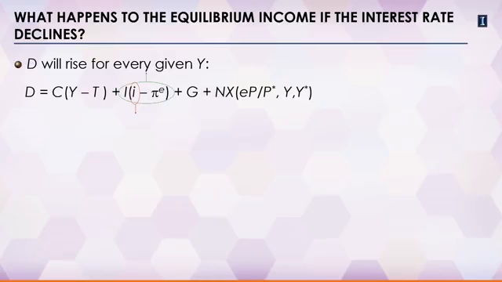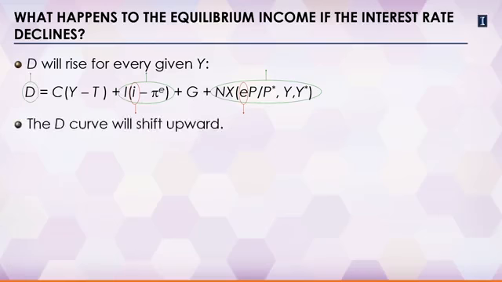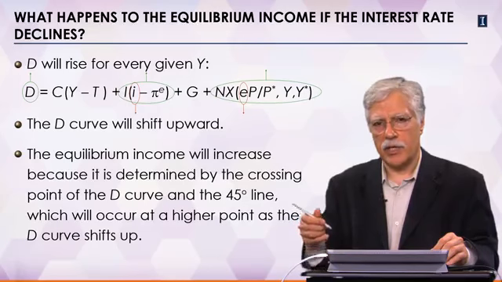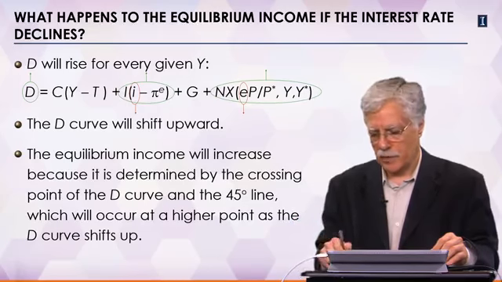Also recall that the exchange rate depreciates as well, and that causes the real exchange rate to depreciate, causing net exports to go up. So both these effects increase aggregate expenditure, D, and the whole curve shifts up. The impact on the equilibrium will be an increase in the level of income as a result of a decline in interest rate, which also implies a depreciation of the currency in the spot market.